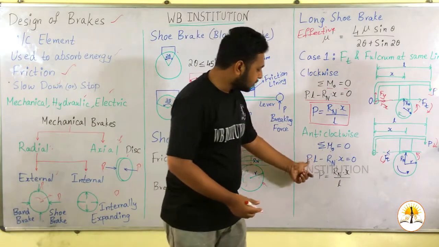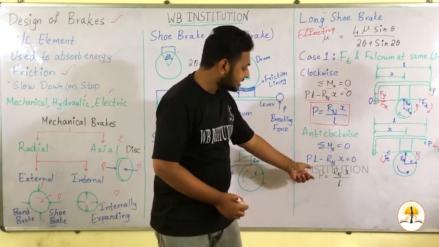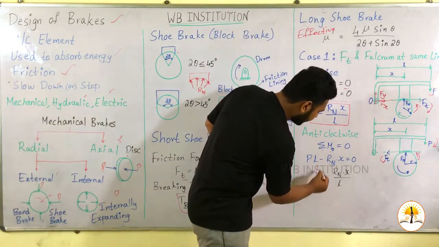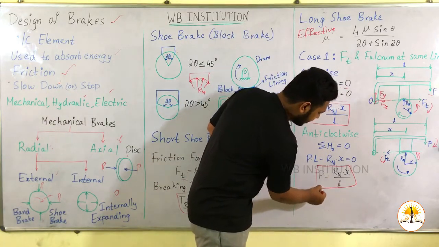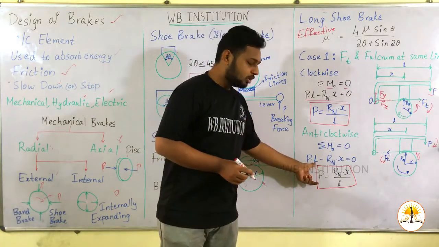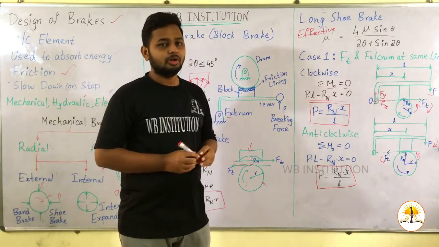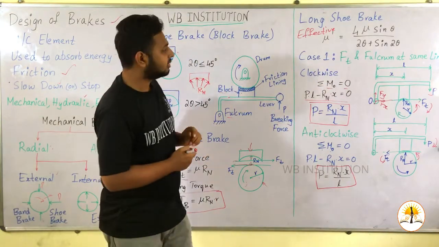So P into L minus Rn into X equal to 0. So from this equation P equal to Rn into X divided by L. So this is case 1 in which we solve the value of pressure which will be exerted on the lever, for short shoe brake and also for the long shoe brake.